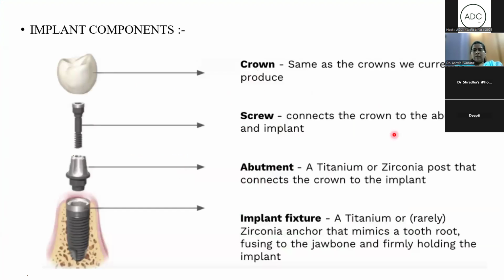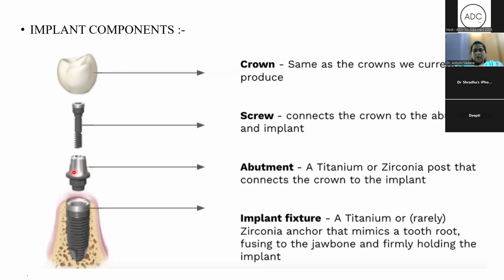Now quickly we will go through the implant components. As we can see in this picture, the first one is the crown. It is the same as the crowns we give after RCT treatment, ceramic or zirconia. This is the screw which connects the crown to the abutment and implant.